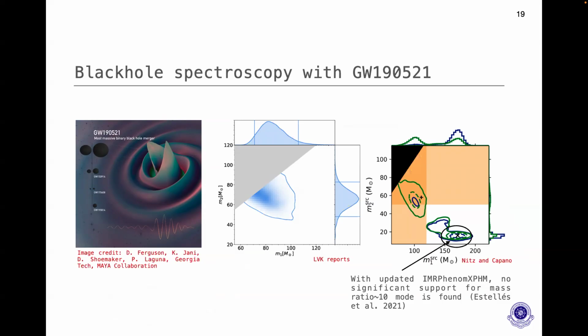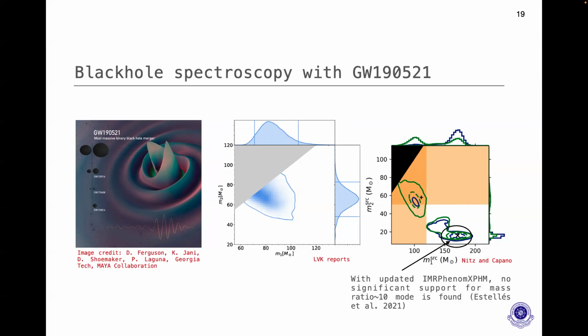So let's look at the component masses of this event. This is the component mass plot reported by the LIGO-Virgo-KAGRA collaboration. As soon as LVK made their data public, there was another group, Alex Nitz and Collin Capano. They performed a similar analysis with a different model, IMRPhenomXPHM.